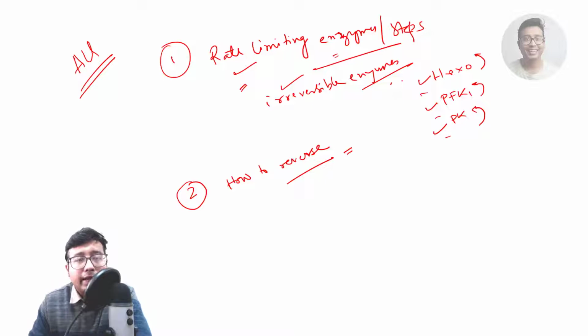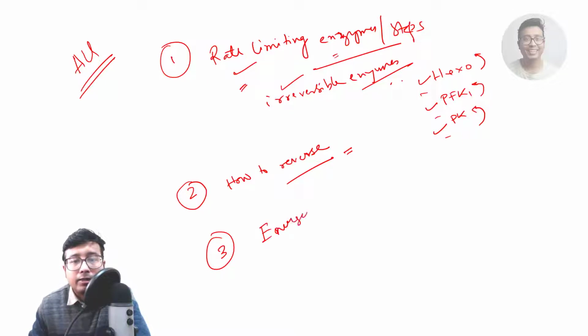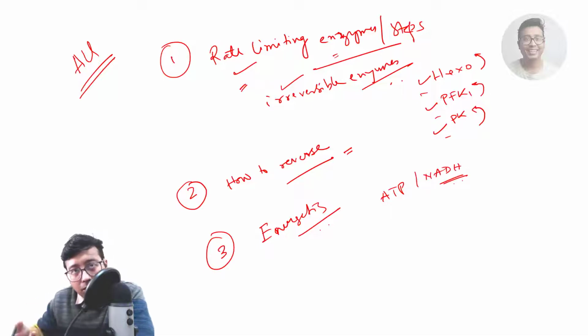So number 1 and 2 are about enzymes, right? Number 3 is about energetics. Energetics of glycolysis means we need to learn about the steps where ATP is consumed or produced, and also the steps where reducing equivalents are involved, because NADH is also ultimately equated in terms of ATP, okay.